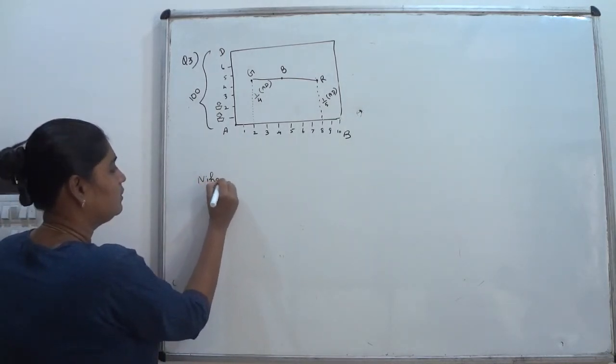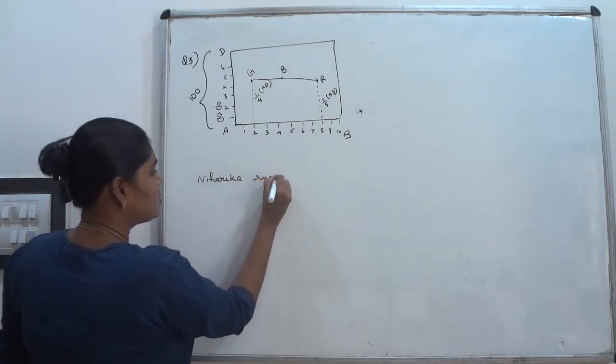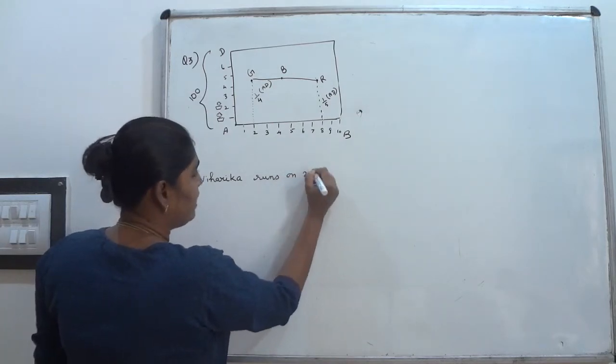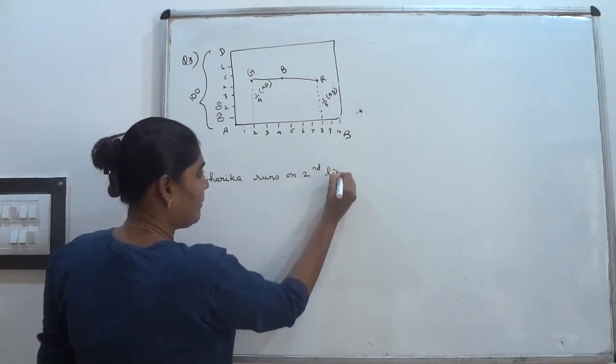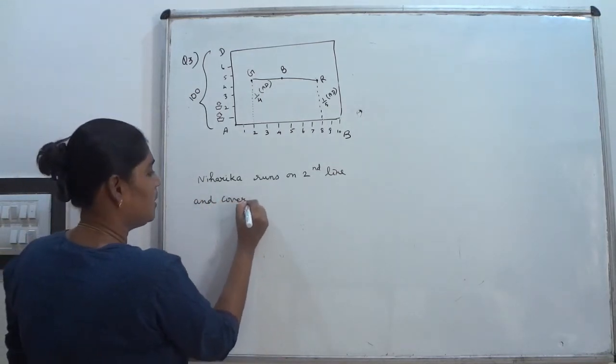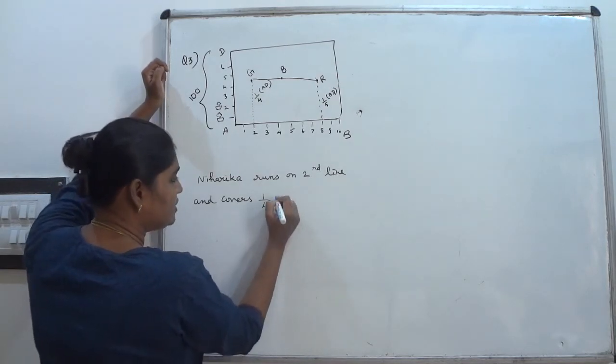Niharika runs on the second line and covers 1/4 of distance AD.